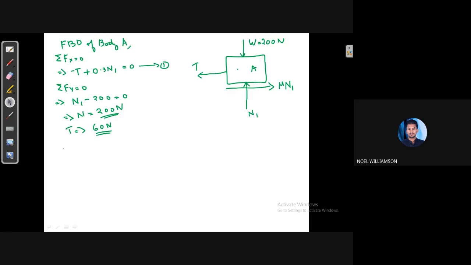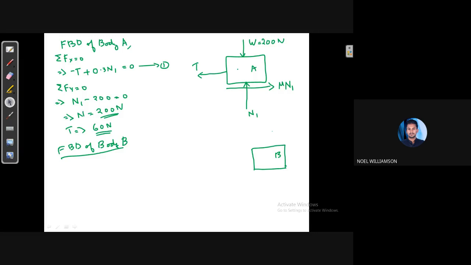From there we will get the value of the unknown value P. So next we will see the free body diagram of body B. Okay. So similarly, this is body B, and we will analyze what all forces are acting.